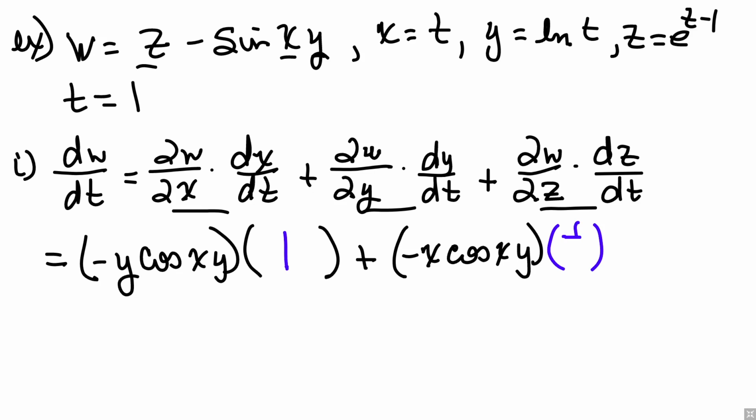1 over t. And then plus, the last bit is the partial of w with respect to z. What will we get for that? We get just 1 times the derivative of z with respect to t. What will we get for that?